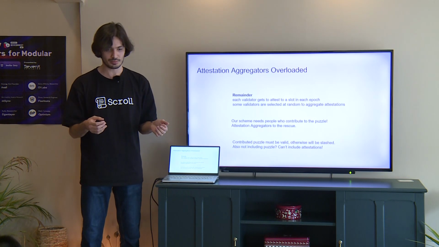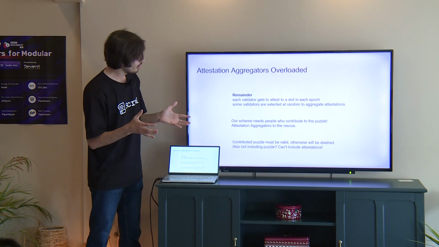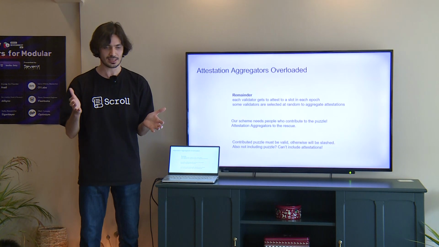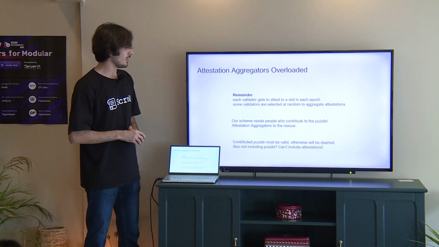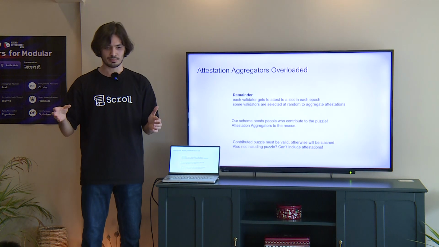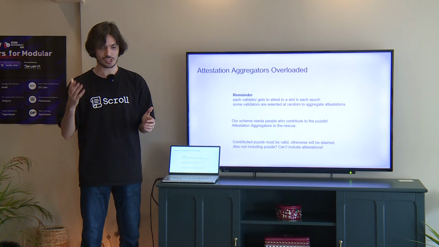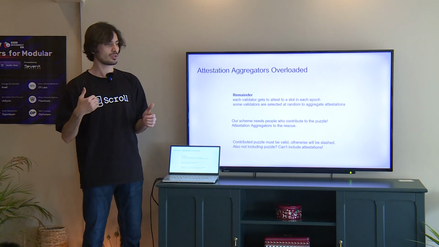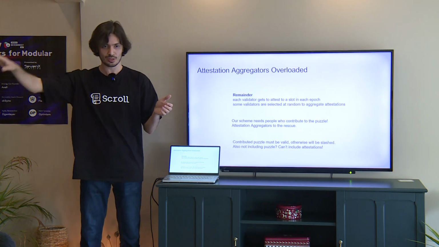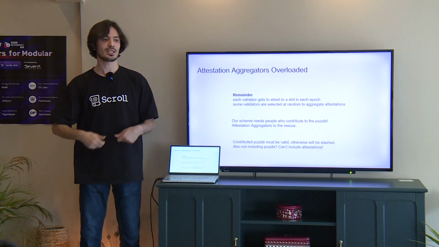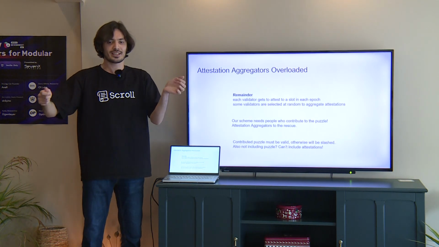Each validator gets to be an attestator once in an epoch. And some of those people who have attestation duty get to be aggregators, meaning that there are groups of up to 64 attestators. They make attestations, and somebody aggregates those attestations.